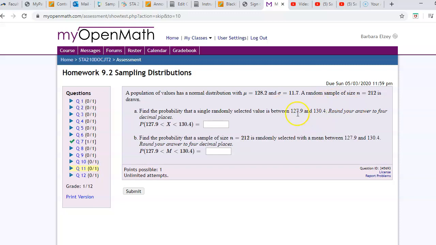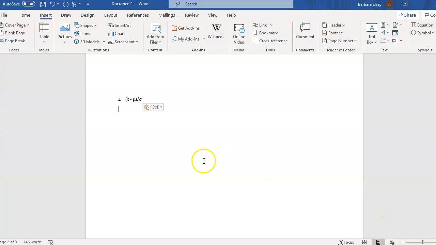So let's start with the 127.9. That's going to be our x when we do our first computation. And we'll take these two values right here as well and plug them into our z-score. So we'll go back here and let's plug in. Using x is 127.9, I'll subtract mu, which was 128.2, and divide by sigma, which was 11.7.